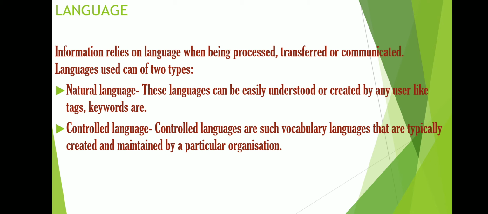Now there is another type of language, that is control language. You can also say that it is a coded language. For example, there are some vocabulary languages which are created or maintained by a particular organization. The purpose is to maintain privacy and secrecy.